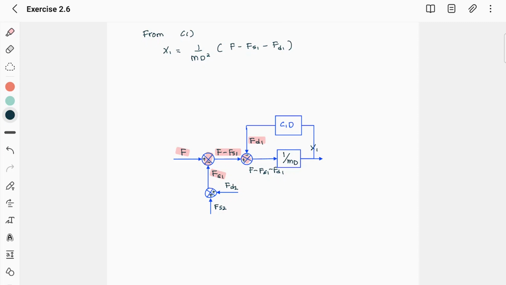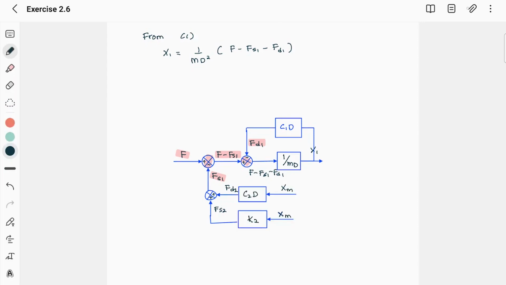Using equation 2, we draw a summation point with Fs2 and Fd2 as the input arrows. Then we use equation 4 for Fs2 and equation 6 for Fd2. Next is to solve for xm.